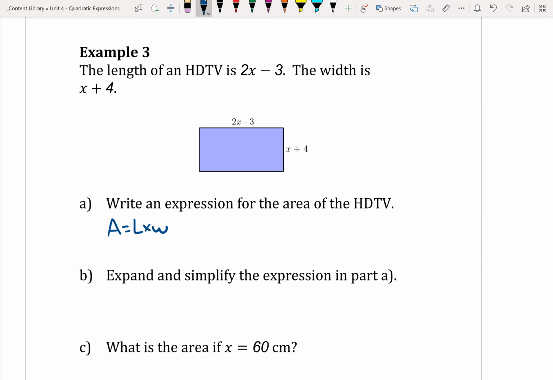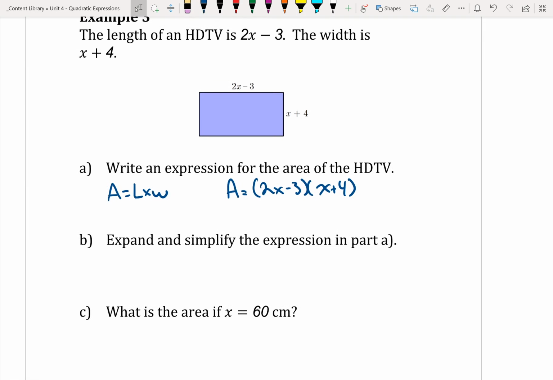It's just expressions, but I can still treat it the same way. So area equals 2x minus 3 times x plus 4. I want to expand and simplify this expression. So what I have to do is multiply, because remember expand means multiply, and then collect any like terms, which is what simplify means.